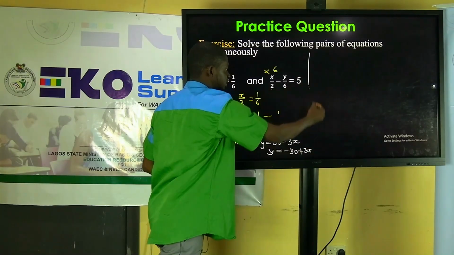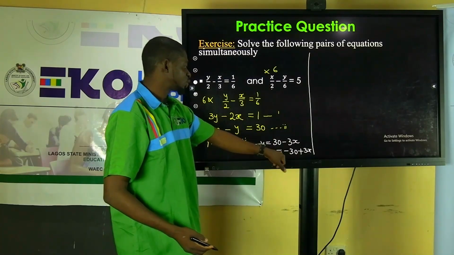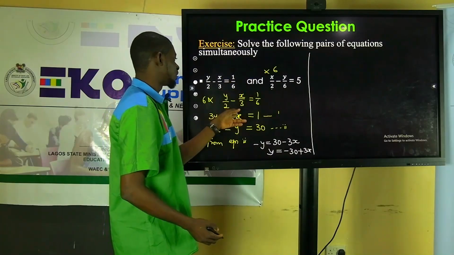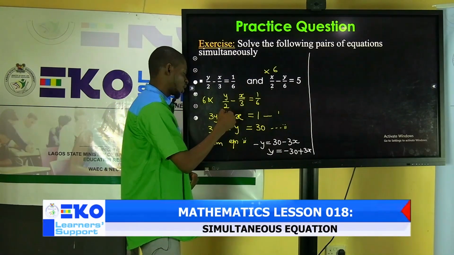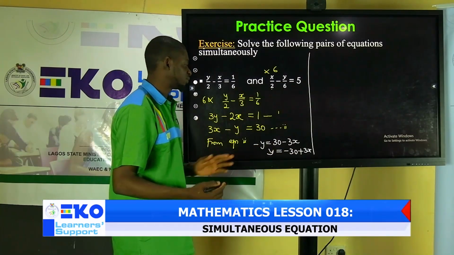Now that we've done this, let's substitute the value of y that we have gotten here into equation 1. Remember, we started from equation 2, so we are now taking this back into equation 1. So wherever we see y, we put in negative 30 plus 3x.